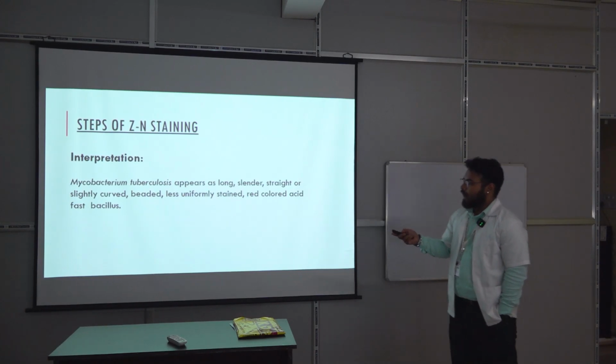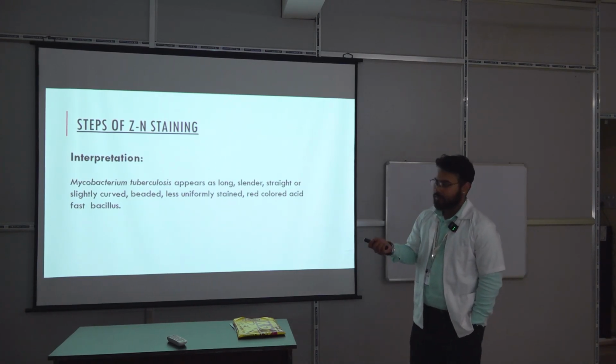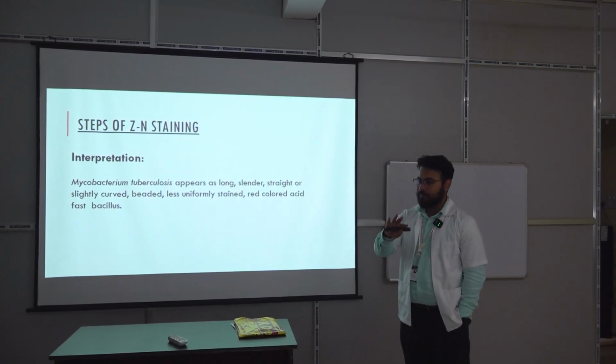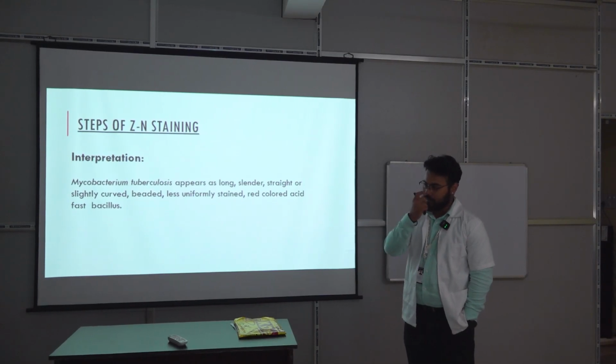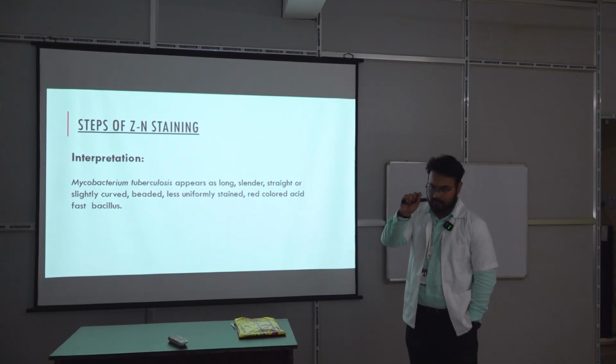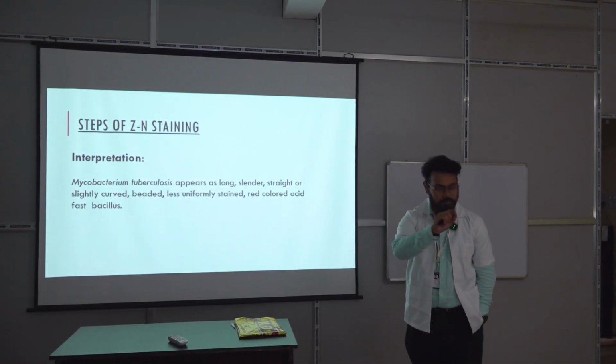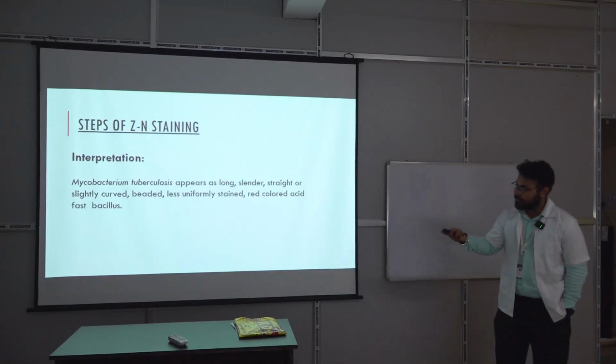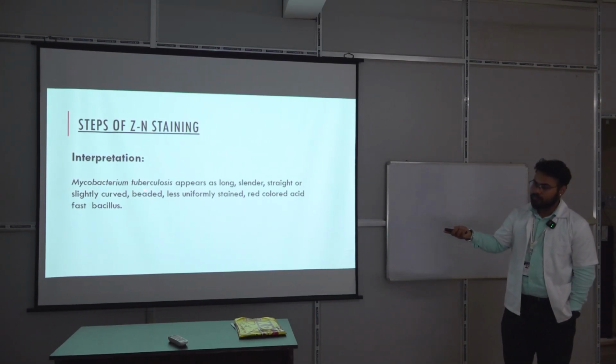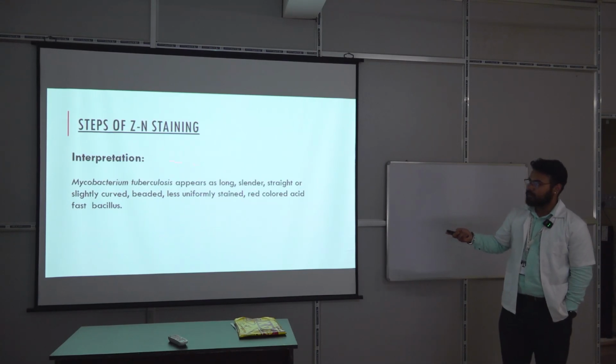How to describe: suppose a blue background is there and red bacilli are shown to you, you will say Mycobacterium tuberculosis appear as long, slender, straight or slightly curved, beaded, less uniformly stained, red colored, acid-fast bacilli. Very easy, na?